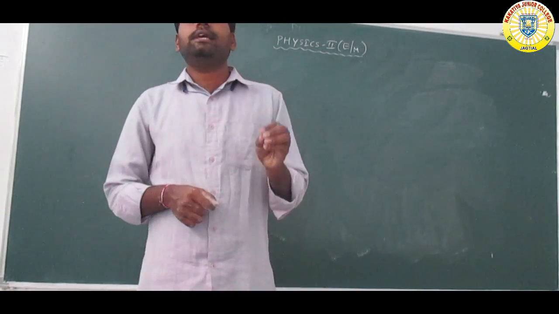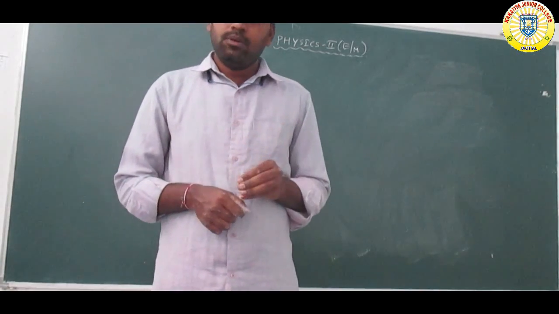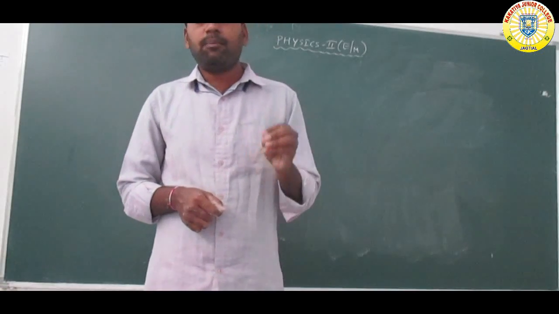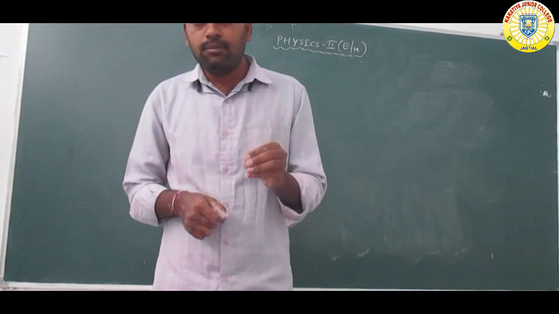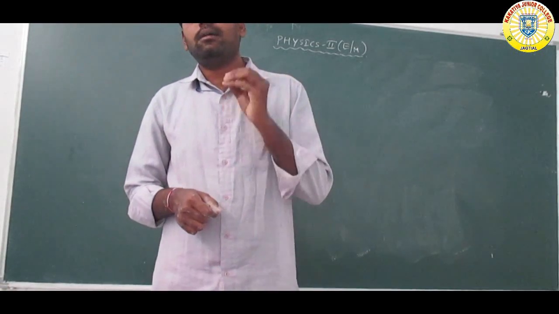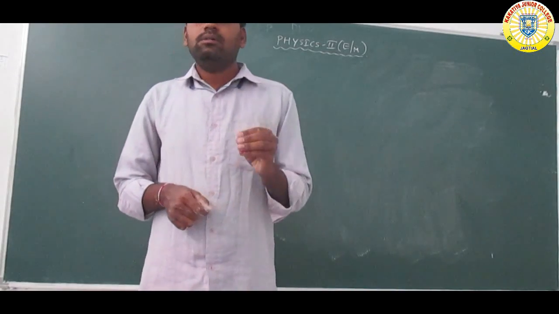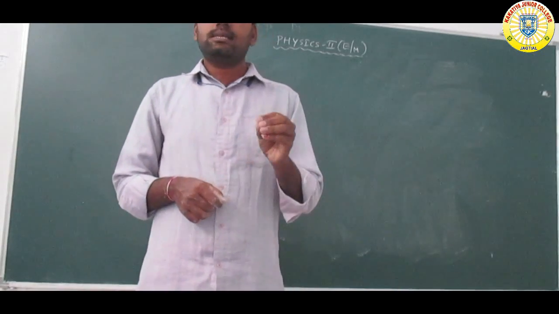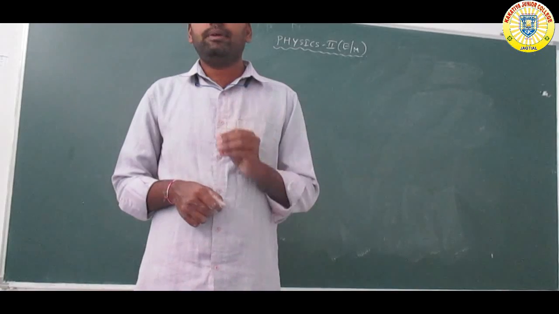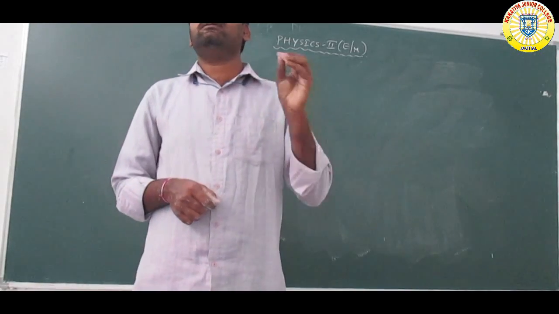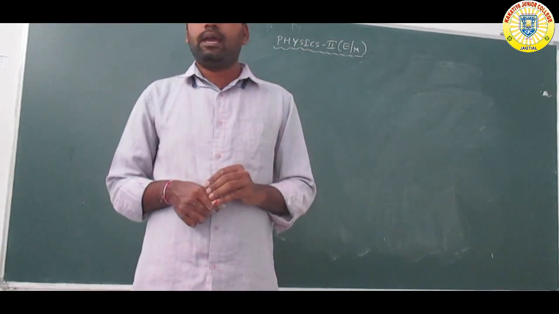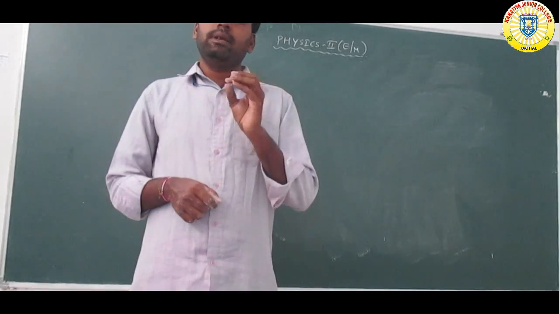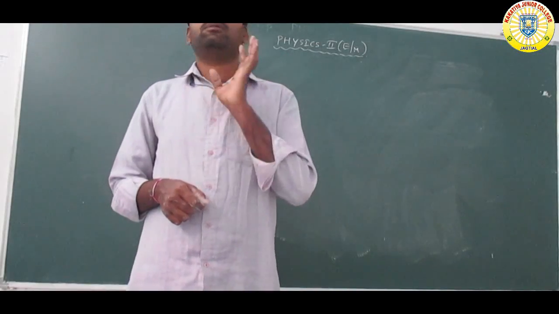What is the effective capacitance in series combination and in parallel combination? First of all, let us discuss the capacitor and the condenser. They have the same meaning. The capacitor is equal to the condenser.